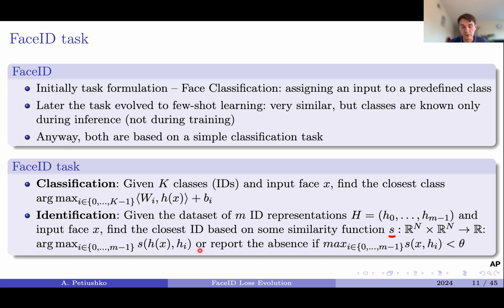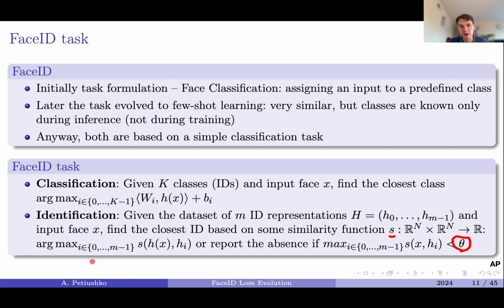Or we need to report the absence, because sometimes we don't have the specific ID in our data set which we compare against. And we need to report this absence if a very simple criterion is used: if maximum over i in the set composed of 0, 1, etc., m minus 1 of s of h(x), h_i is less than some threshold theta.